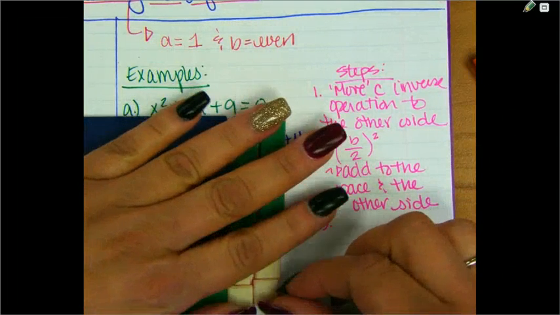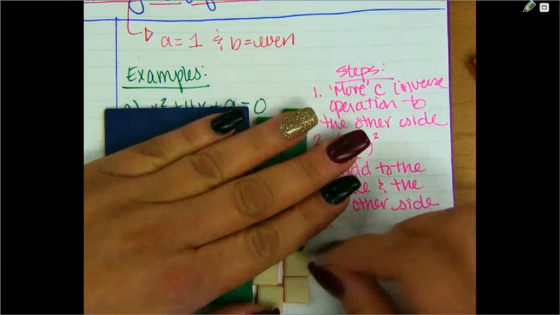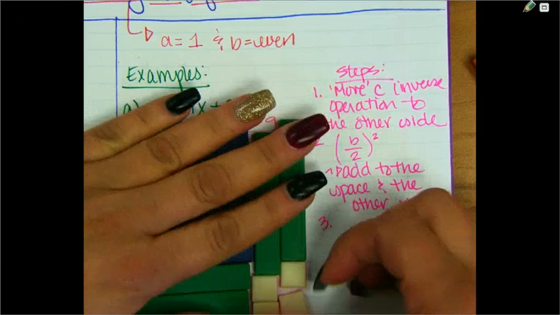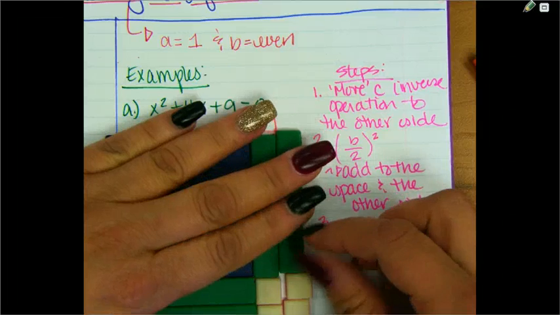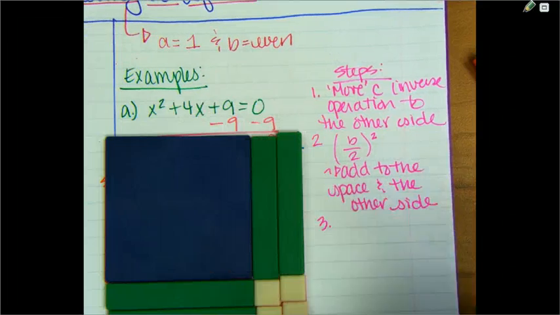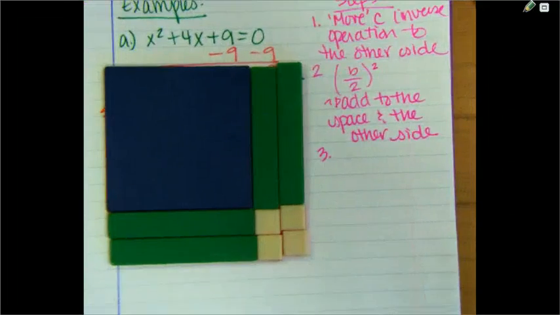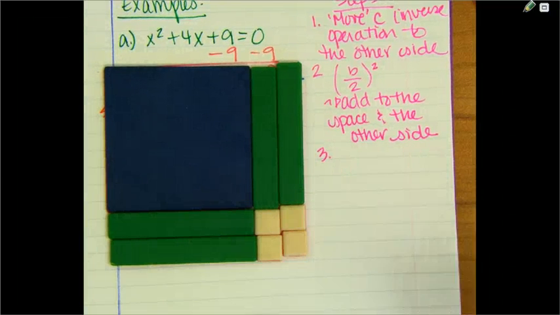Okay, let's refresh our memory. If it looks like this, after we broke it up and we filled in the box, what did we do next? Who remembers? So we did this.